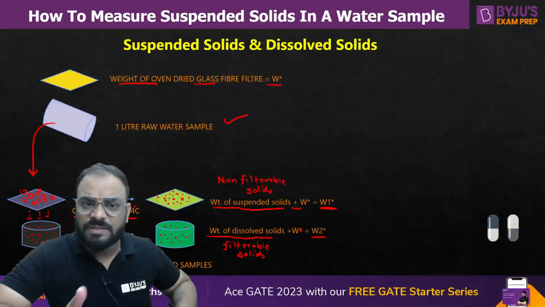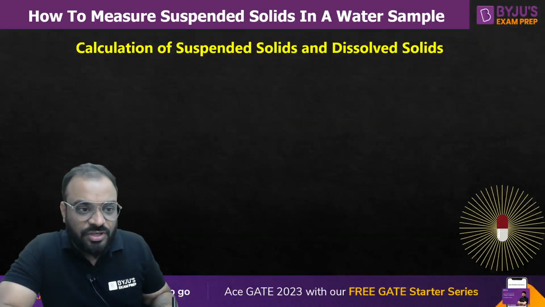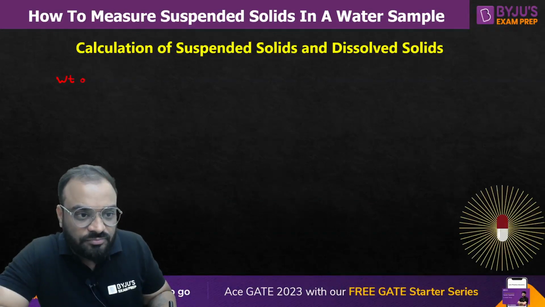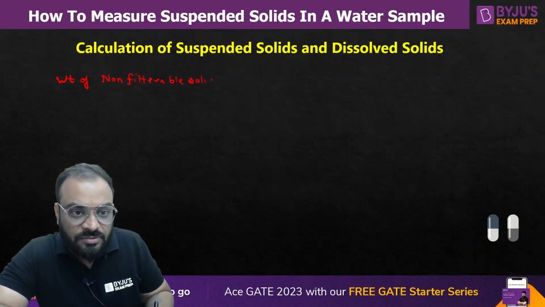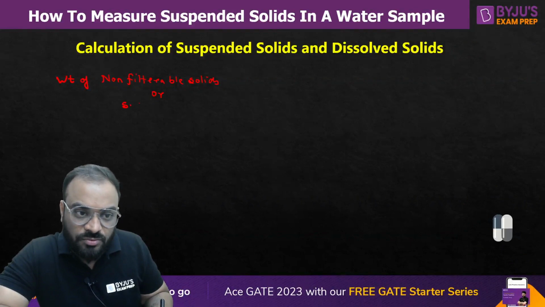Now the question is how we can measure the suspended and how we can measure the dissolved. We need to do a simple calculation over here. Let's understand guys how we can do it. So can I write here guys the weight of non-filtrable solids, or you can write here guys suspended solid also.